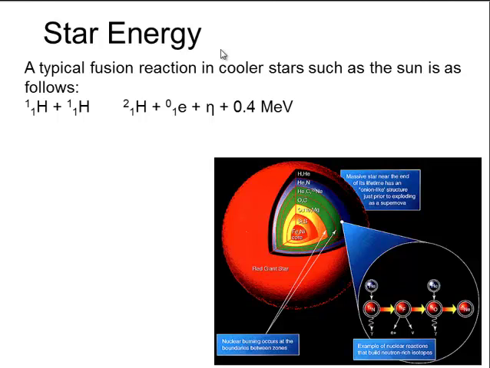Now, when the hydrogens collide into each other, what happens is that they will start to form deuterium. Okay. They'll also release an electron, a neutrino, and some energy.